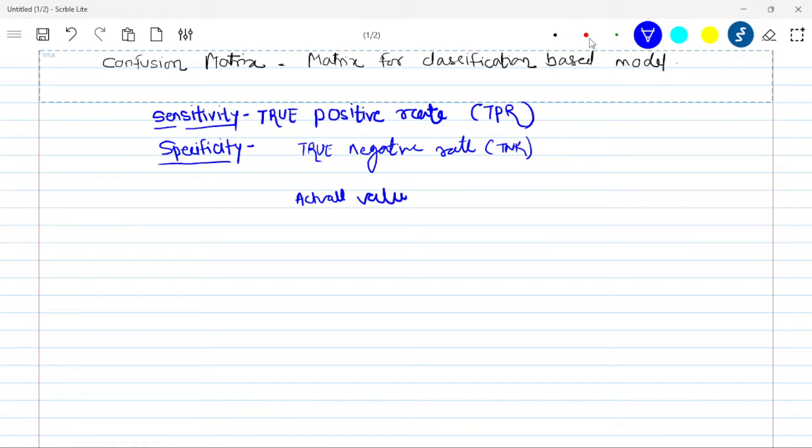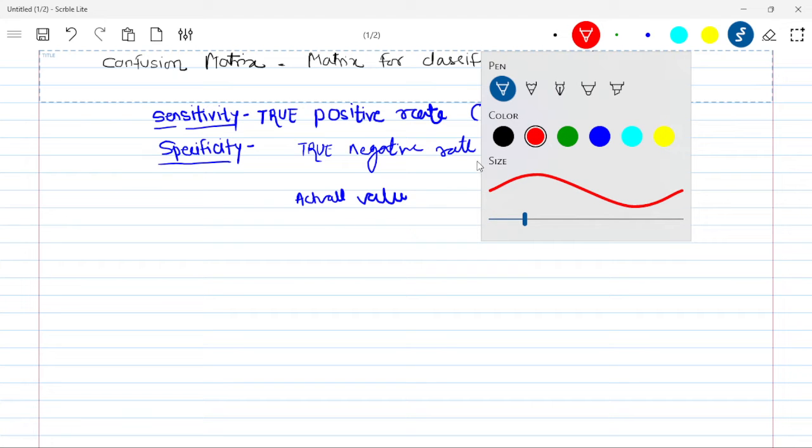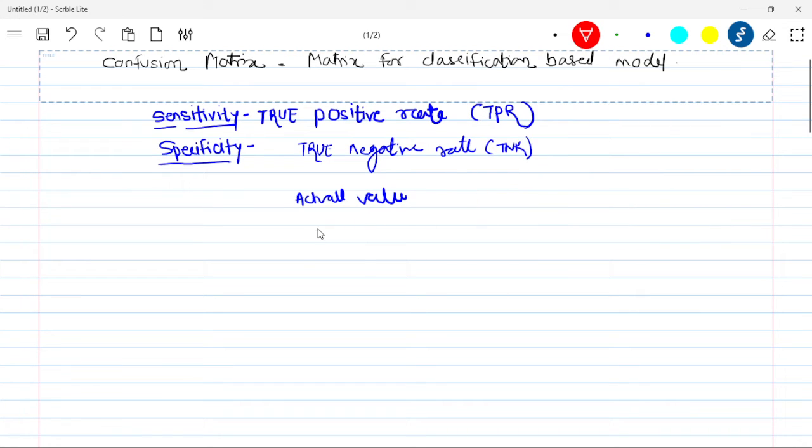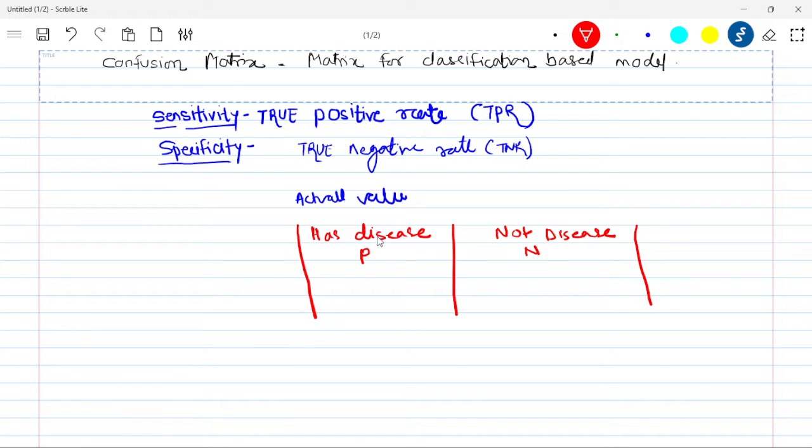Person has disease, person not having disease. If a person has disease, then this is a positive case. If a person doesn't have disease, then it is called a negative case, right? So there are only two types of prediction, yes or no. Sorry for the drawing, guys.